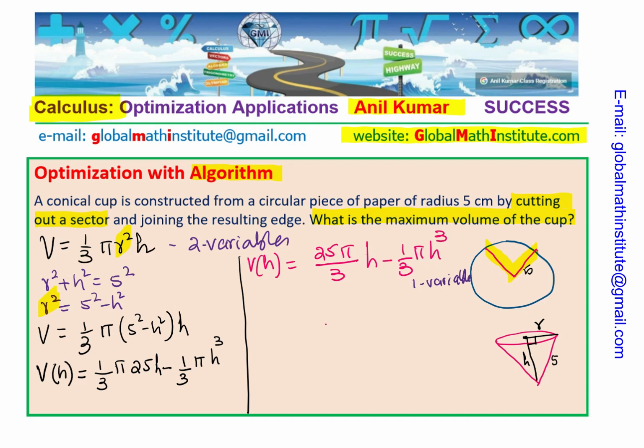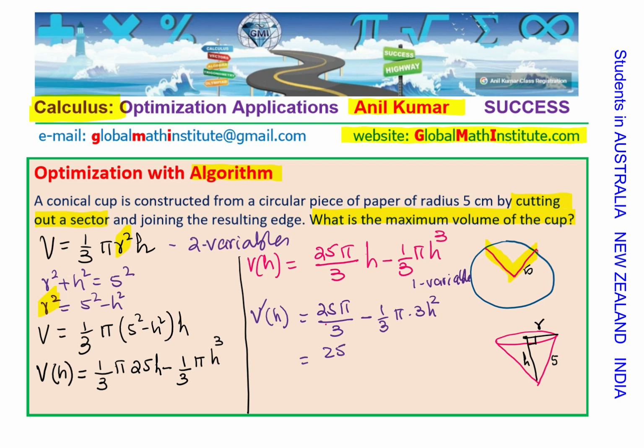Now what you should do? You should differentiate this, right? So let's differentiate. So volume differentiating with respect to height, the variable which we related with, is 25 pi by 3, correct? Minus 1/3 pi 3h square. Let's simplify. 25 pi by 3 minus, 3 and 3 cancel, pi h square.